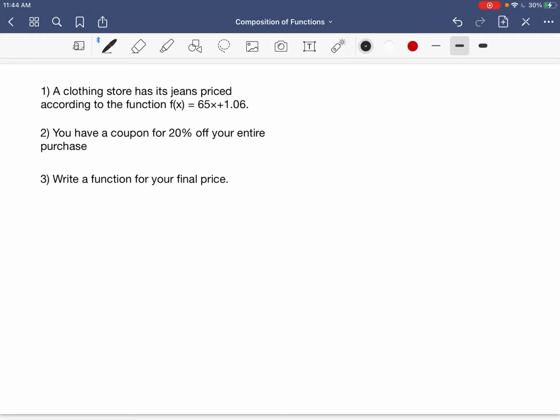All right, so first let's come up with a function for number 2. Taking 20% off your entire purchase is like having 0.8x, if x is the total price. x minus 0.2x, which equals 0.8x, is the discounted price.